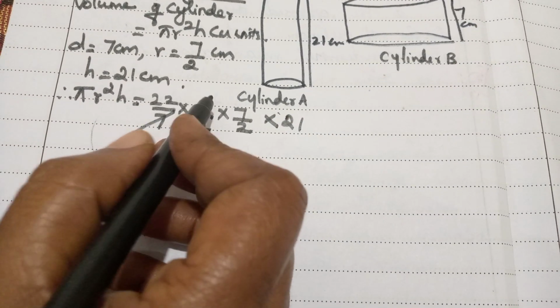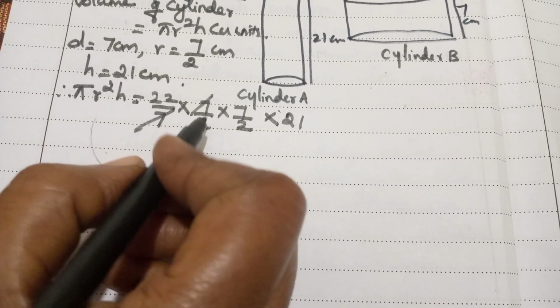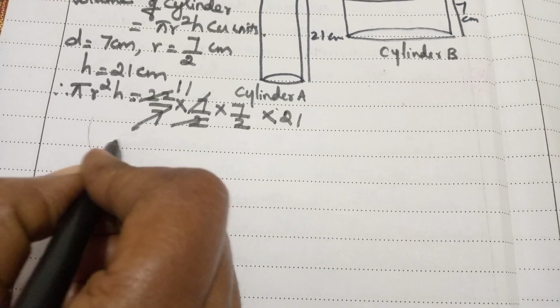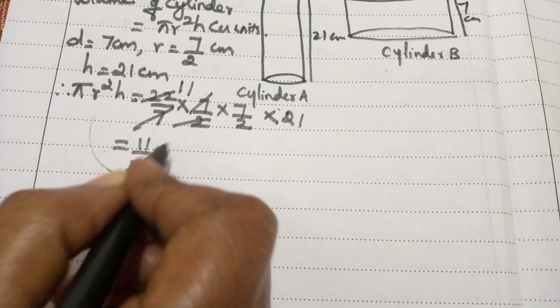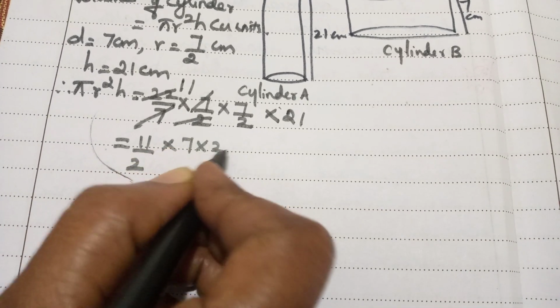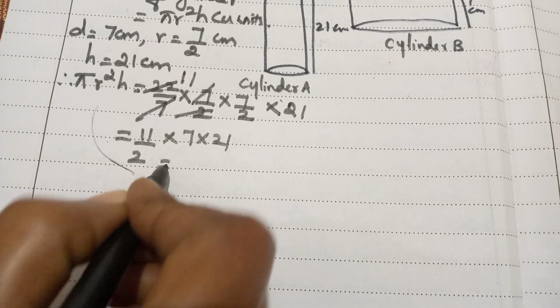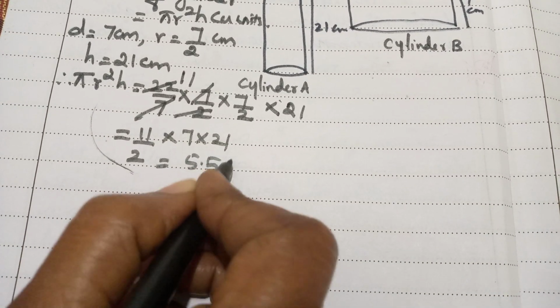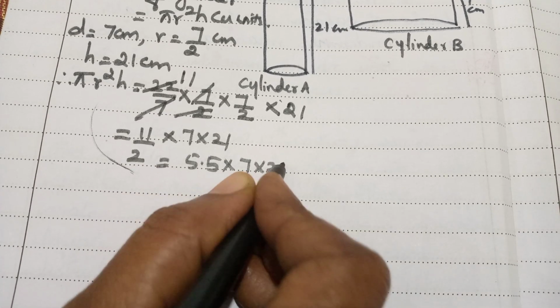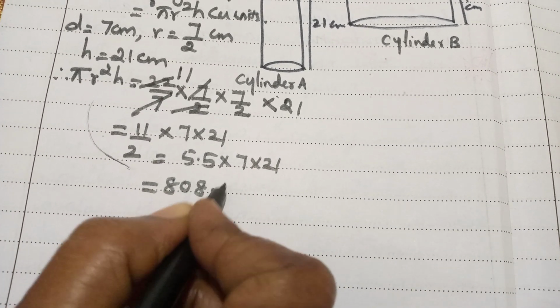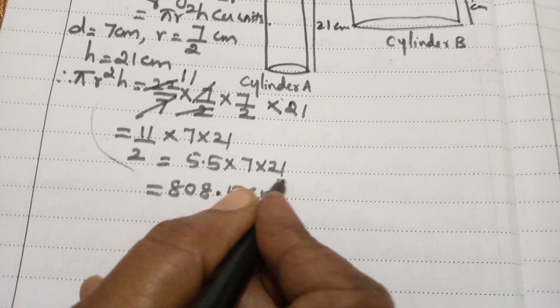Here 7 can be cancelled, 2 and 22 can be cancelled, 11, which is equal to 11 by 2 into 7 into 21. 11 by 2 is 5.5. 5.5 into 7 into 21, we get 808.5 centimeter cube.